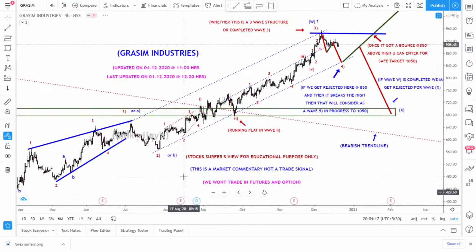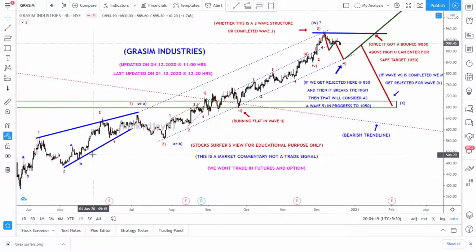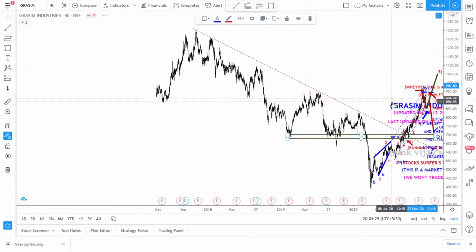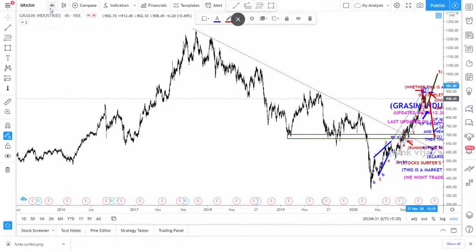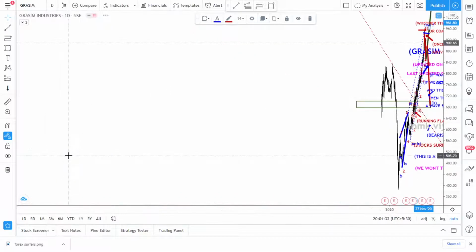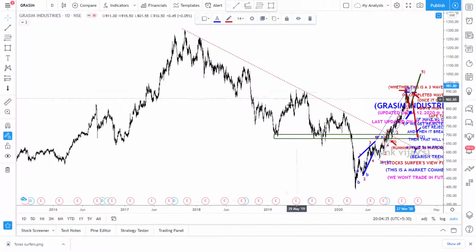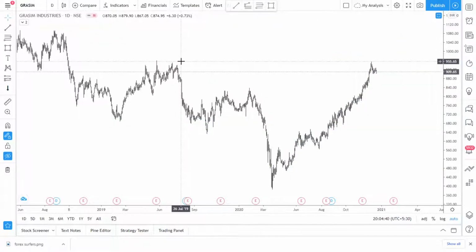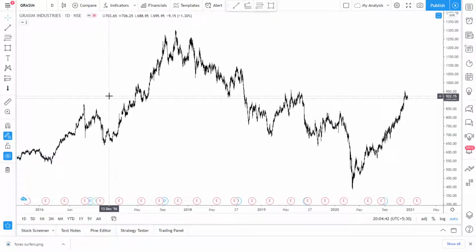See, everything is looking the same, whether A, B, C is completed. Whether this is a W or this is an X, it is going to happen. And here is the previous resistance zone, a perfect resistance zone.